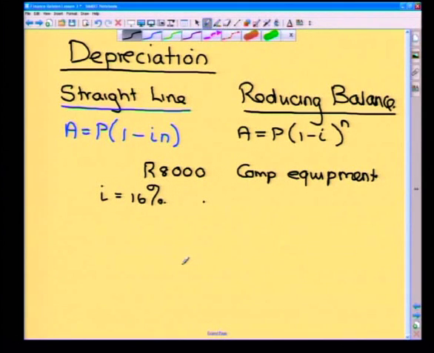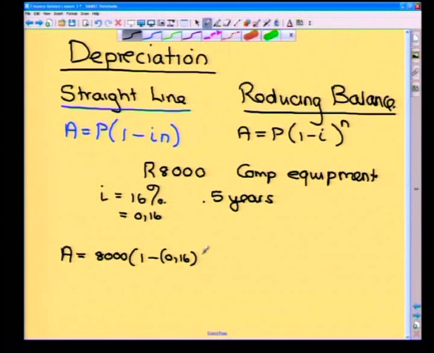And let's say we are going to do this over 5 years. So we're going to sell our stuff off at 5 years, and we're going to see how we're looking. So if we're going with the straight line version, we're going to say the accumulated amount is 8,000 Rand times 1 minus, now remember we talked about this, you can do this, or you can write what I prefer to write, that. So it's 0.16 times the 5 years, and let's see how we do on the calculator.